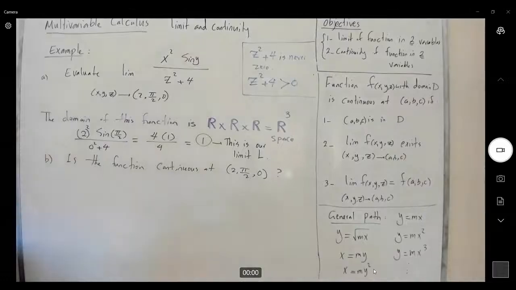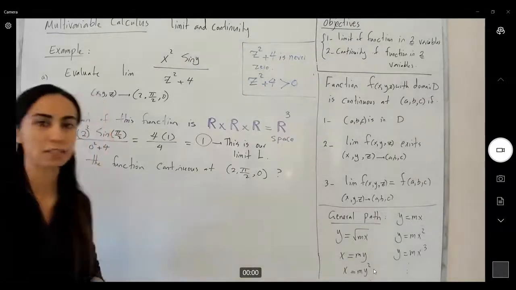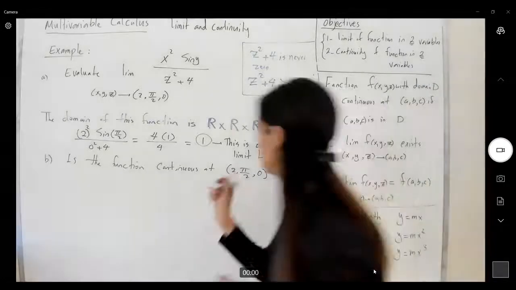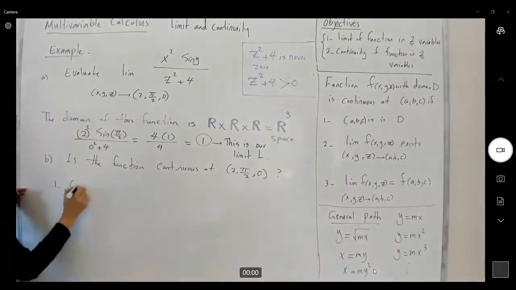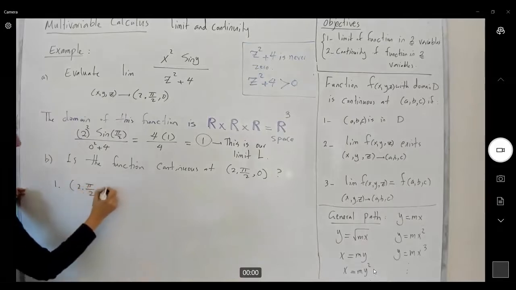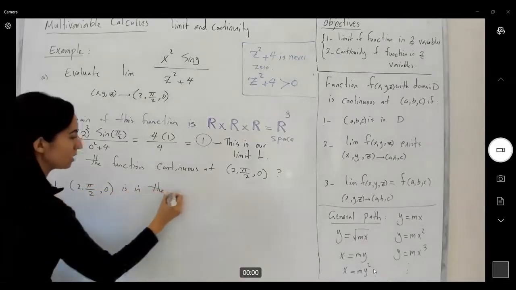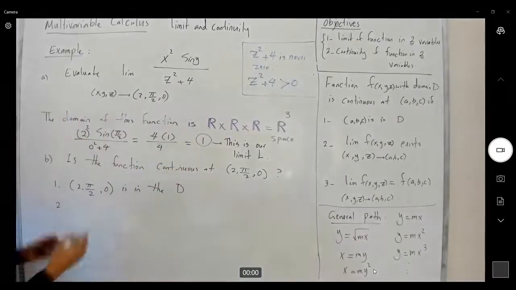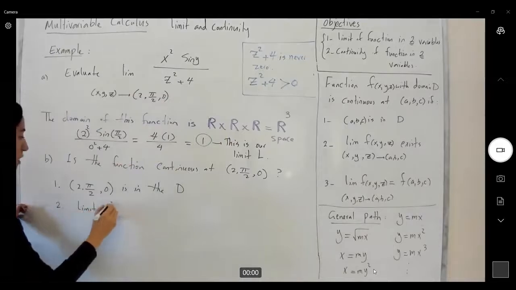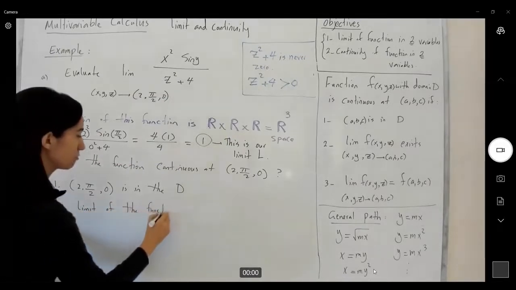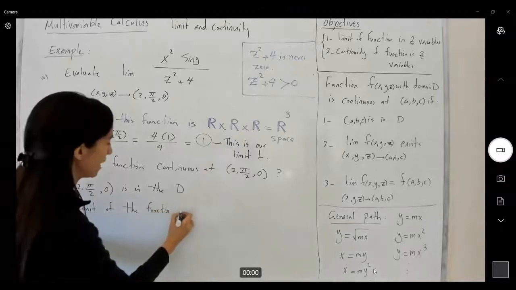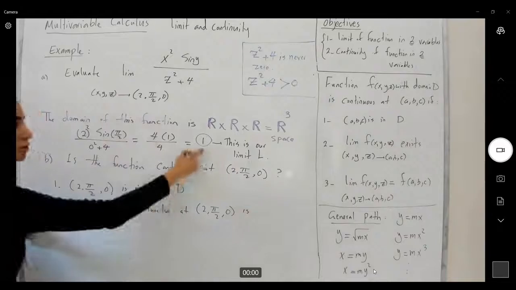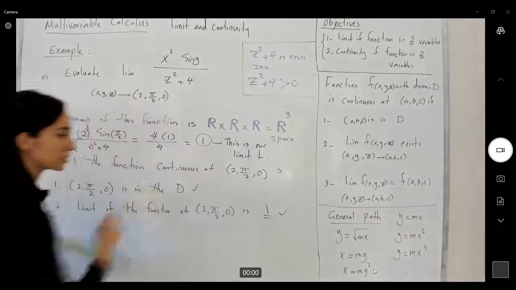Okay, is the function continuous at 2, pi halves, and 0? First, this point, 2, pi over 2, and 0, is in the domain of the function. Second, we found the limit of the function at this point. It's just 1 at 2, pi over 2, and 0. We're happy about that.